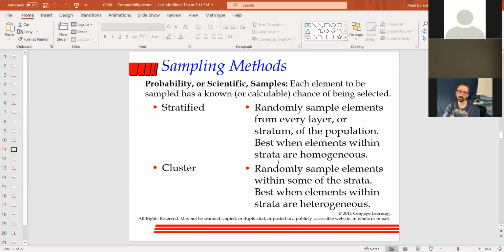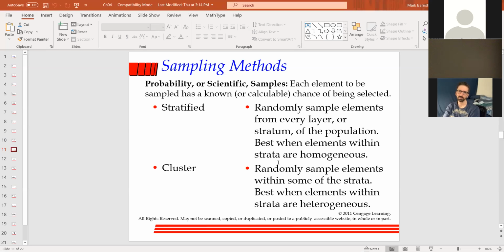So you break your population up into non-overlapping groups so that the whole population is broken up. And then you do a simple random sample within each of those groups so that you have your sample size that you need. And then that's it. And it's called a stratified sample, where these groups are called strata.